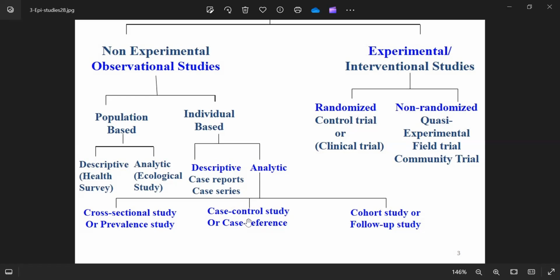So under case control studies, the investigator tries to determine if a greater proportion of cases than controls have a history of exposure.